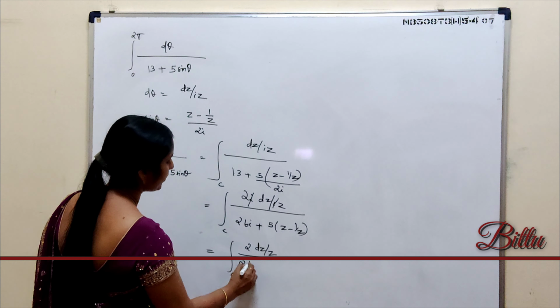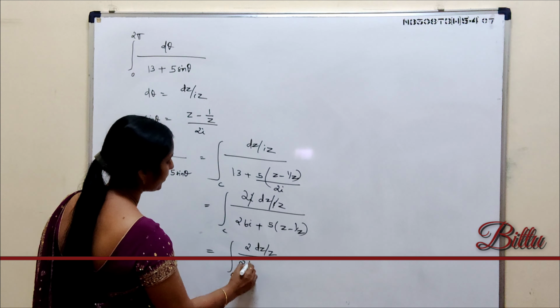And you can see it is integral over c 2 dz by 26 zi plus 5 z square minus 5. To take the constant outside, so 2 into integral over c dz by, see it's a second degree expression in z, so you write first the z square term, next the coefficient of z, which is 26i, next the constant term, which is in the form 2 into integral over c f z dz.